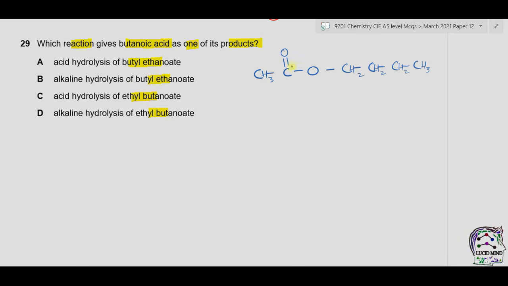Upon acid hydrolysis, carbonyl carbon is converted into carboxylic acid while this other part is converted into alcohol. So we have ethanoic acid as carboxylic acid and butanol as the other product.